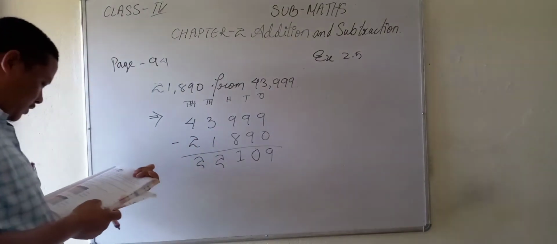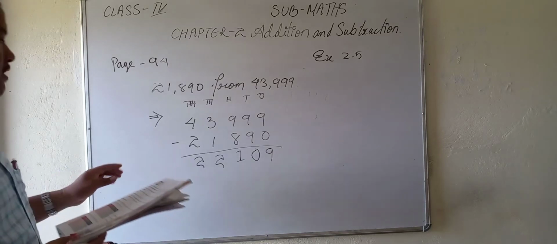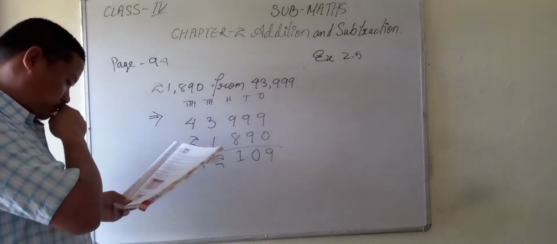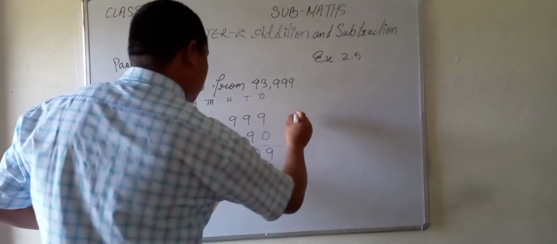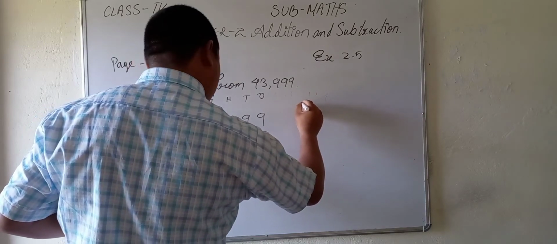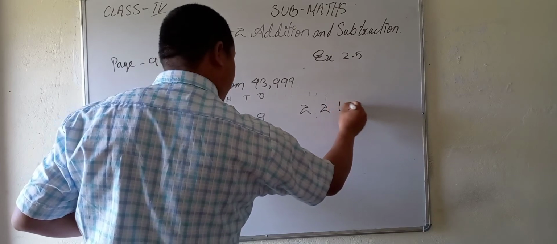How much did you get? 22,109. Now how to check if your answer is right or wrong?